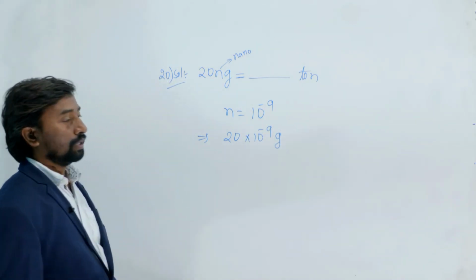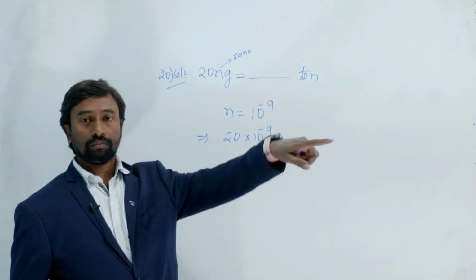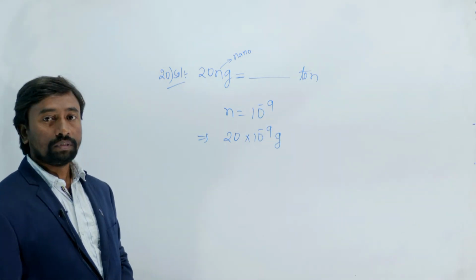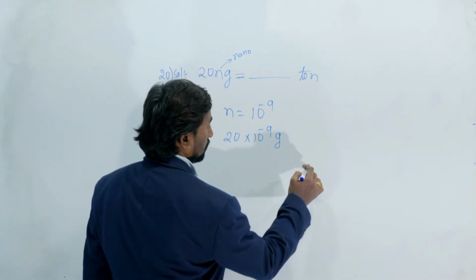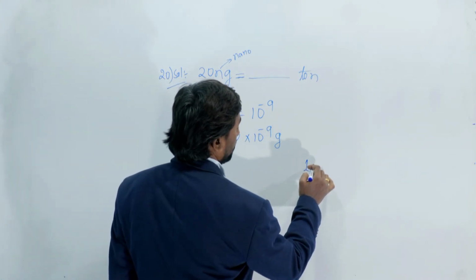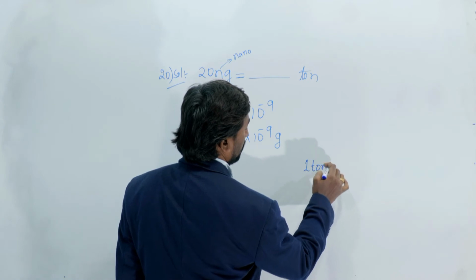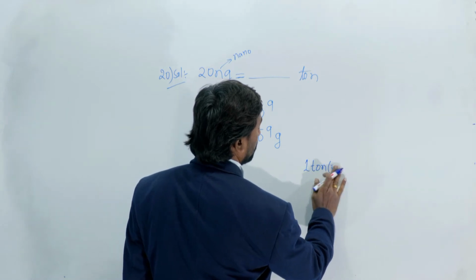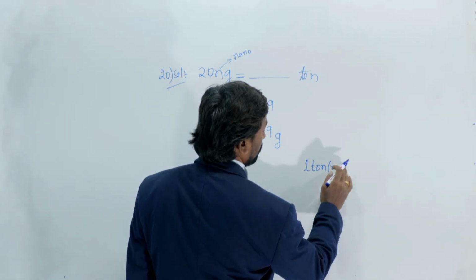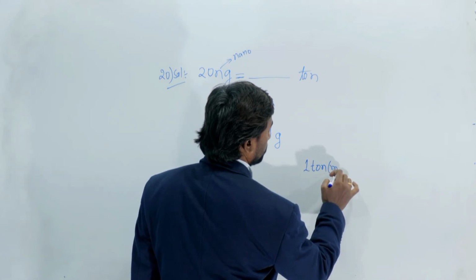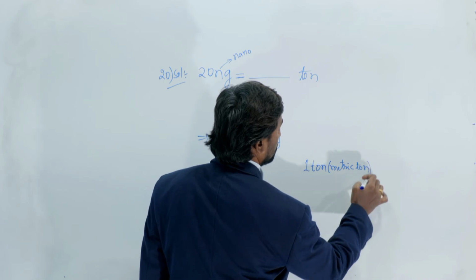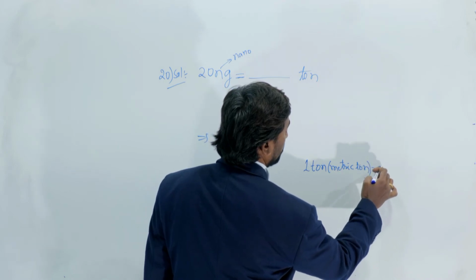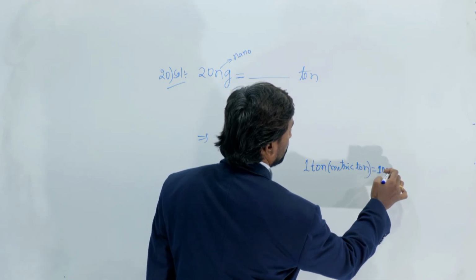This grams we should convert into tons. And we know that 1 metric ton or ton is equal to 1000 kgs.